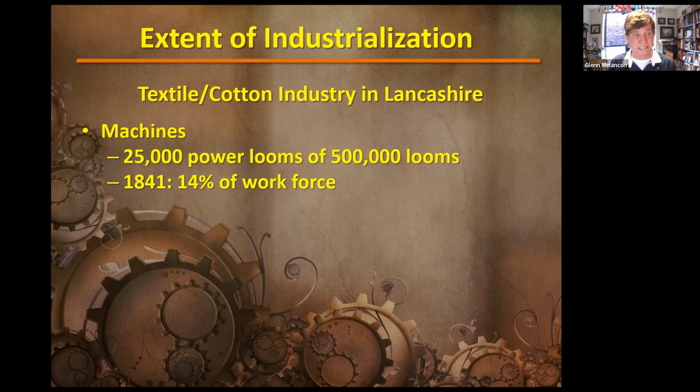The factory workforce, even as late as 1841 in Lancashire, was only 14% of the workforce, which meant that people were doing other things besides simply working in a factory. So while factory life was obviously a growing part of life in Lancashire, it was not taking over everything all at once.